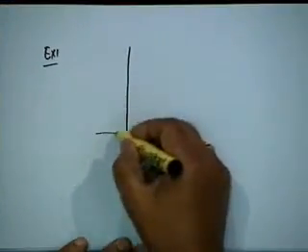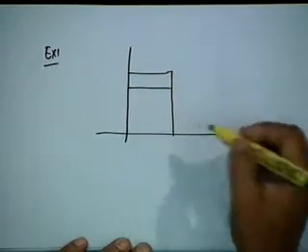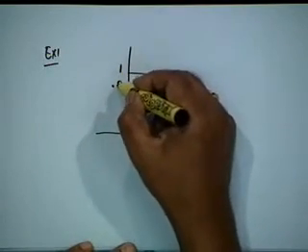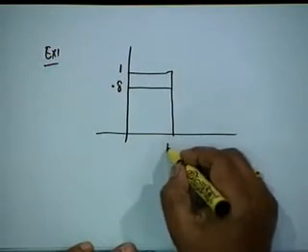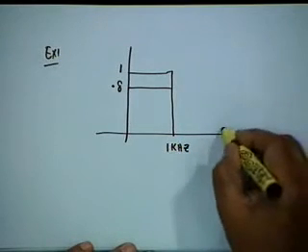Now, we start with some examples. Example 1 of Chebyshev filter approximation. Suppose our specs are, I am drawing it on an exaggerated scale, this is 1 and this is 0.8, this is 1 kilohertz and the transition ratio is 5.